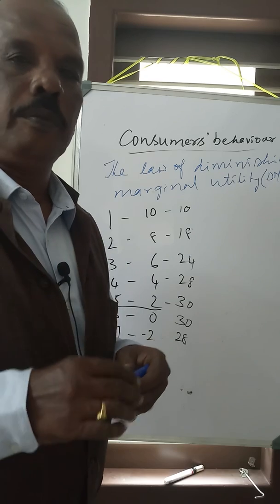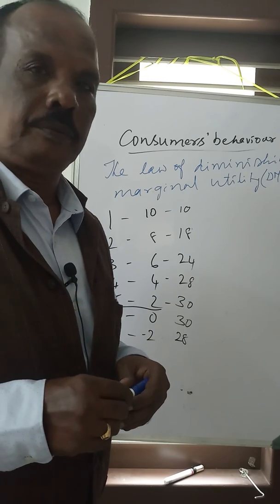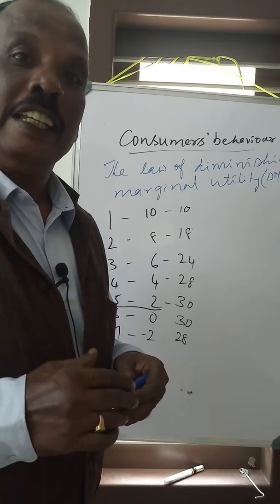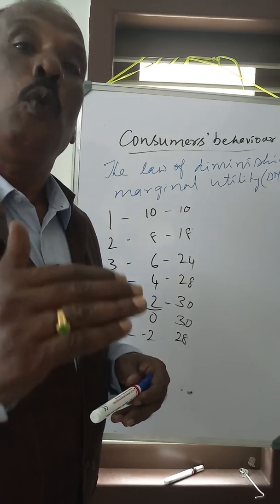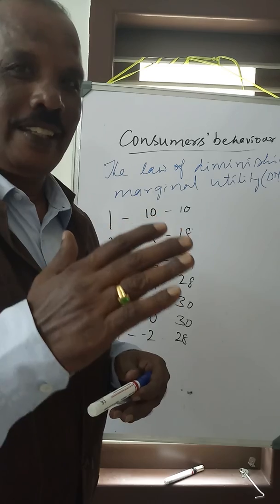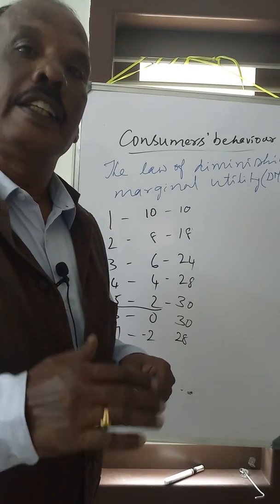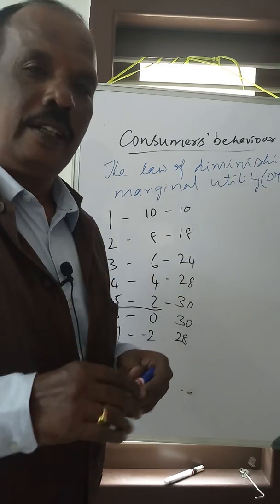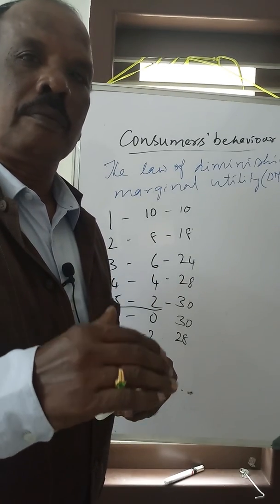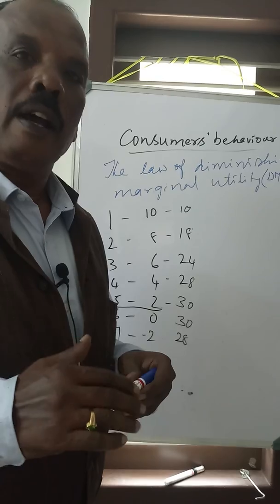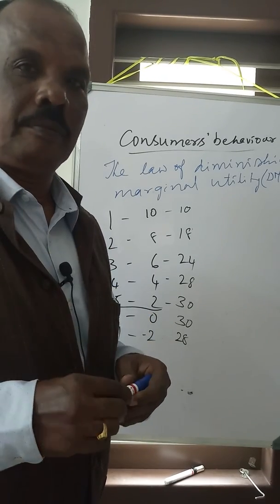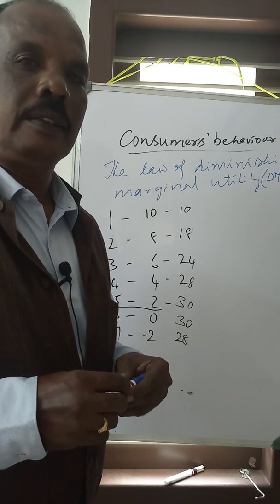In the words of Professor Boulding, as the consumer increases the consumption of one commodity, say a variable commodity, keeping the consumption of other commodities constant, the marginal utility of the variable commodity will eventually decline. I will repeat it again.